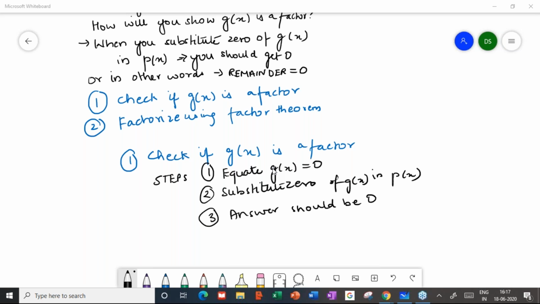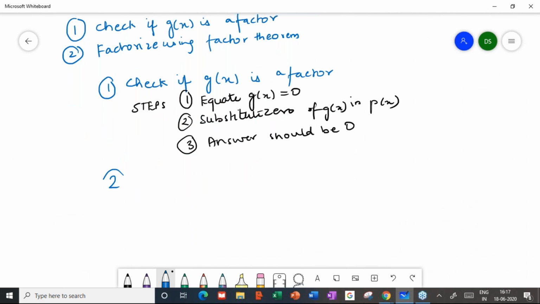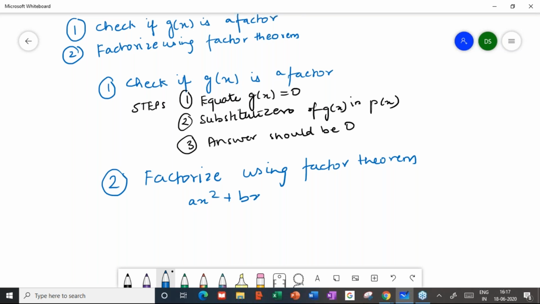Okay, so this is one type of question you come across for the factor theorem, and there is another type, which is factorize using factor theorem. In that you will be given an expression like ax square plus bx plus c.